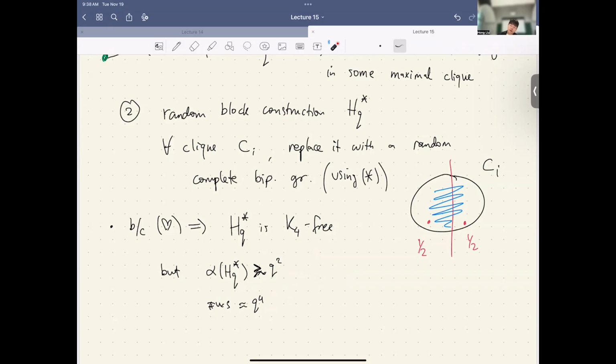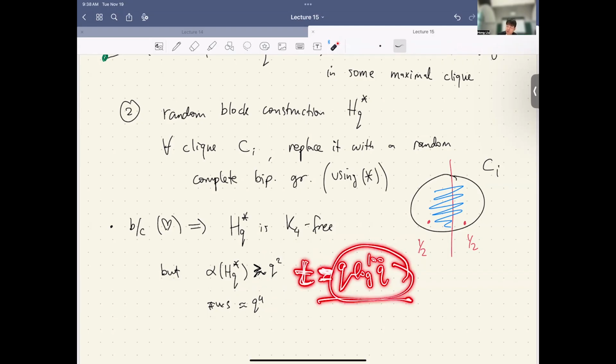We want to show that there are not so many independent sets much larger than Q times some log power. Set T to be this threshold, okay? The number of independent sets larger than this threshold, there are not too many of them.